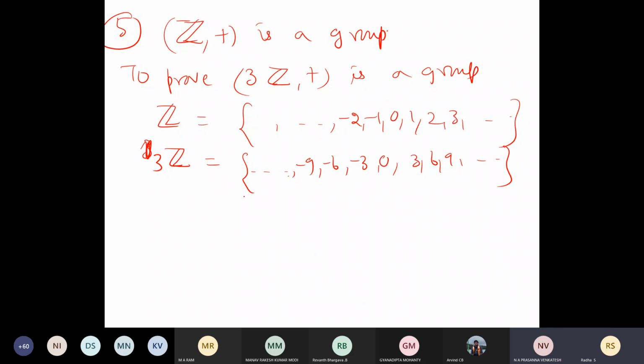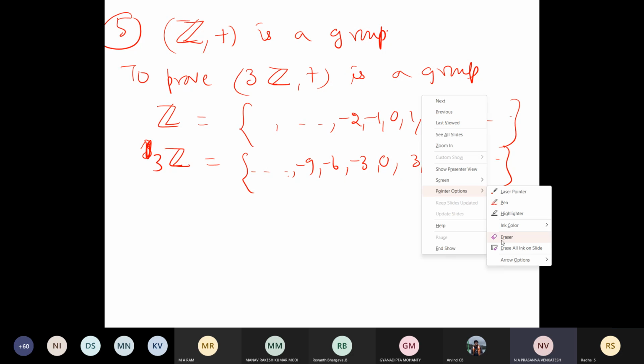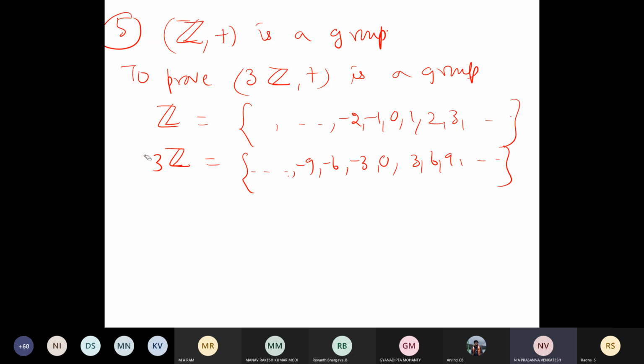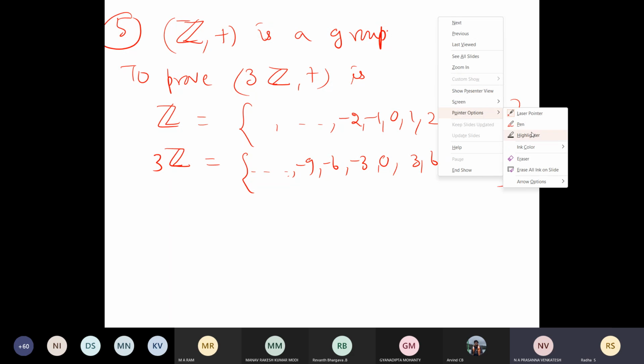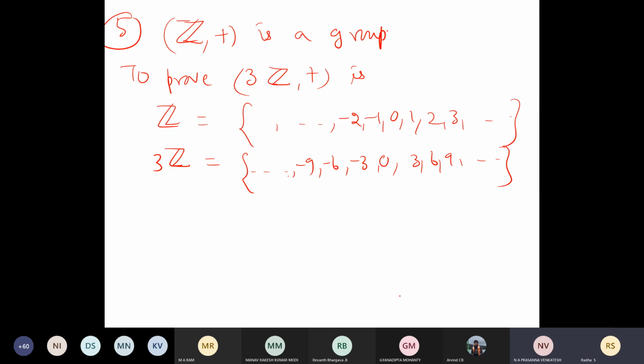I need to prove that 3Z comma plus is a subgroup of Z comma plus.